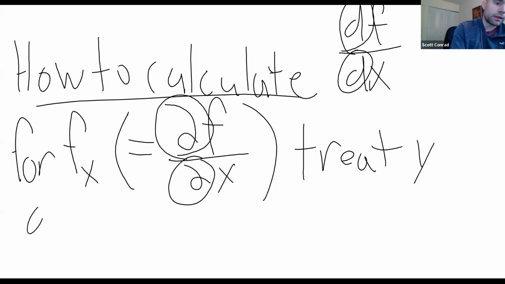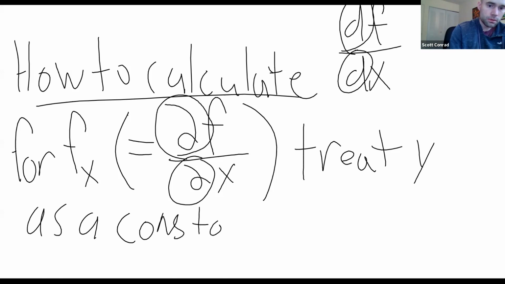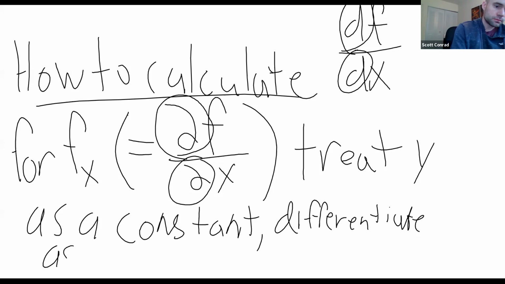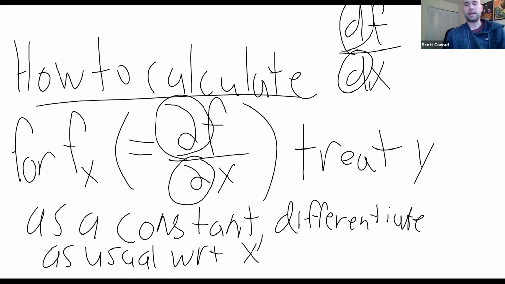So treat y as a constant, and then you're just going to use your 140 and 141 rules to differentiate as usual with respect to x.